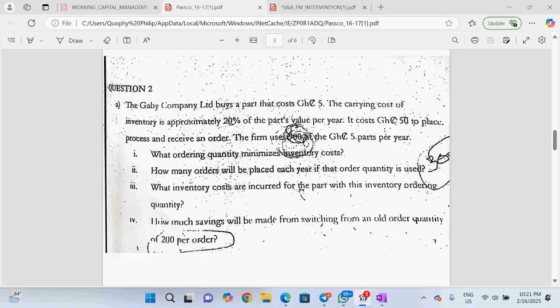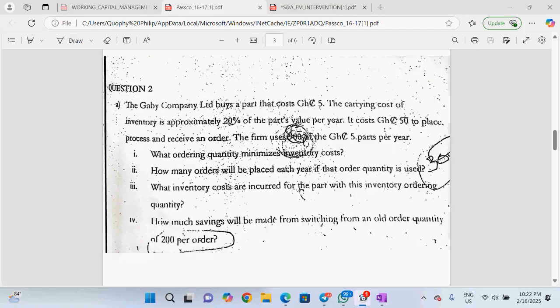What is the meaning of the II? How many orders will be placed? Is it not the cost of ordering? Cost of ordering is the total, right? Can you give me the cost of ordering formula?